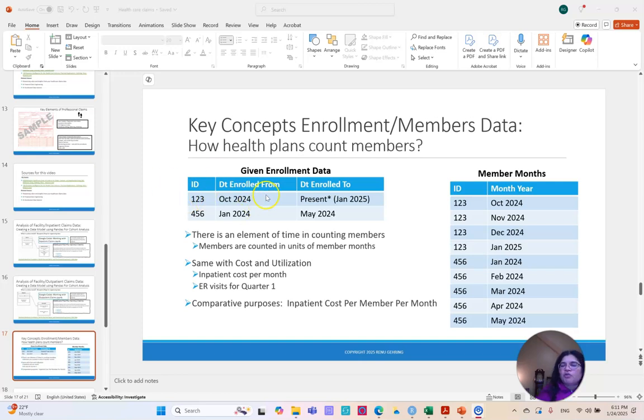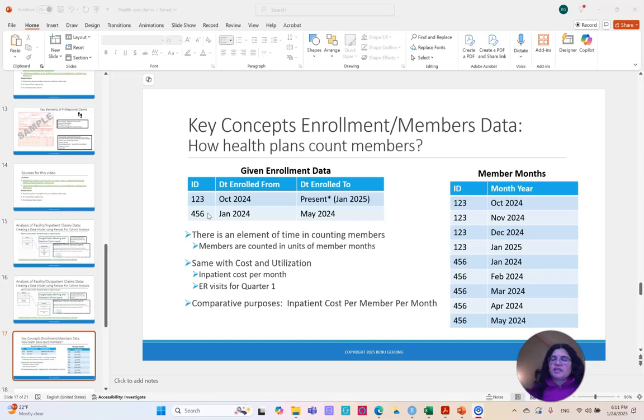But how are health plans going to store it so that it is ready for analysis? Before we talk about how they're going to store it, let's talk about what analysis they may be thinking about. Well, they may be thinking about, what is our cost per month of providing care for our members?